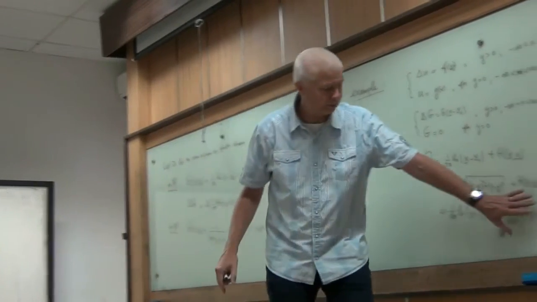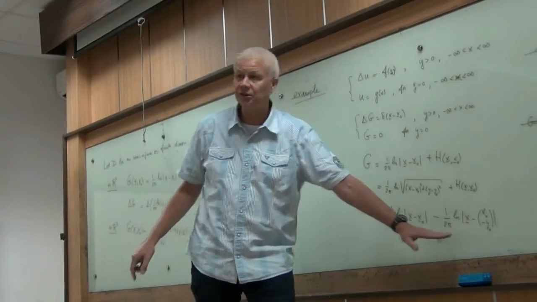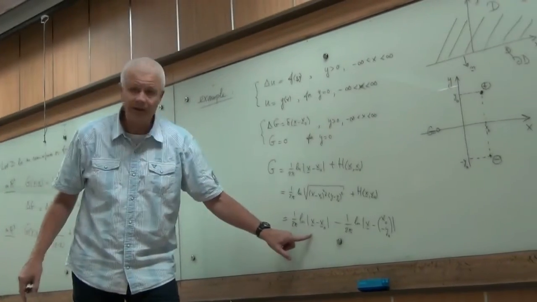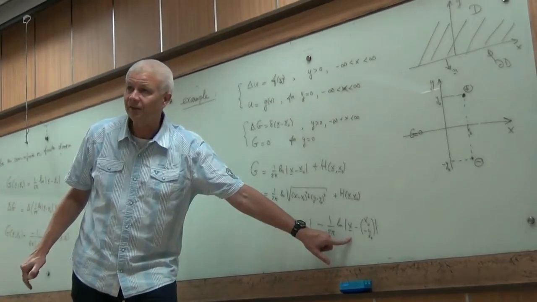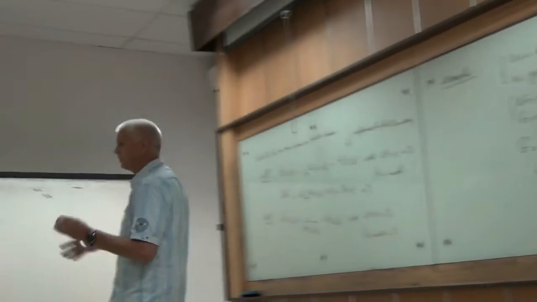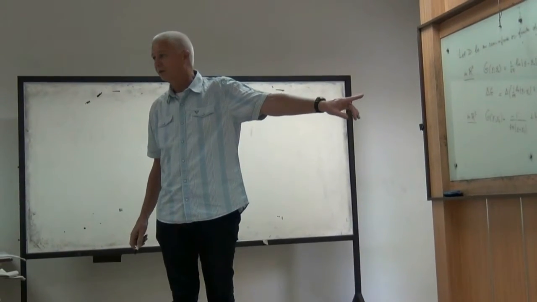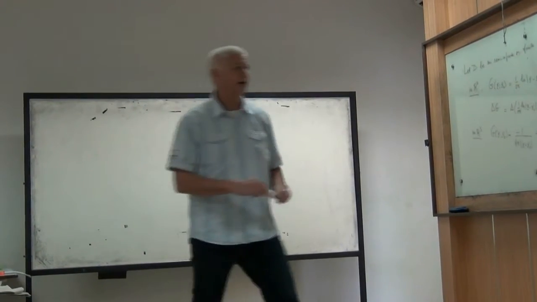This delta function will not be active in D, so I can leave it out. So this is my nice function, not a singularity in D. And here I have my Green's function. And now you see how easy it is, if you understand a little bit of physics, to construct the Green's functions very fast. Because now I can immediately give you the second example.